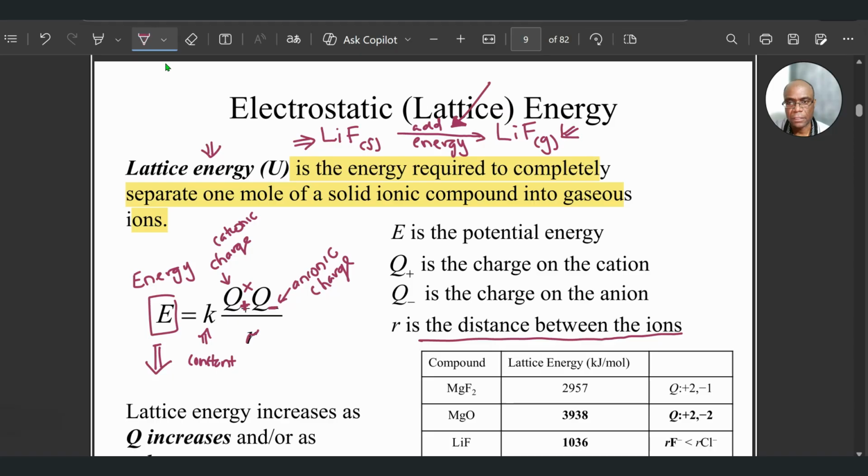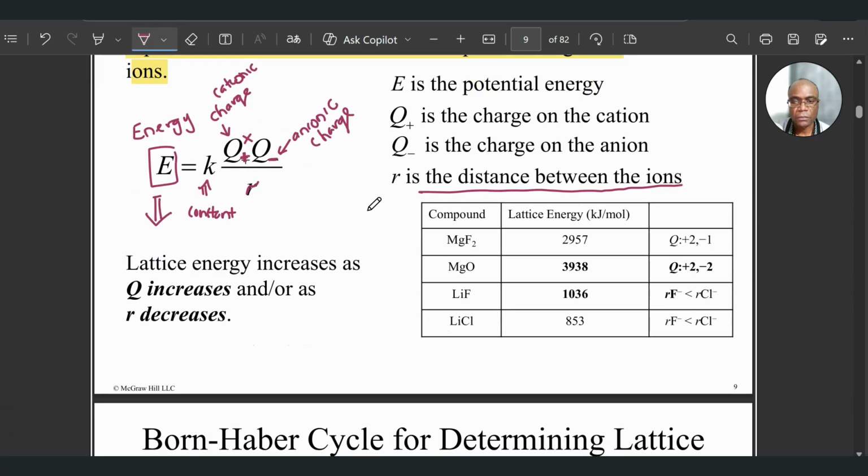Bond breaking is endothermic, which is why we have to add this amount of energy to break it to gaseous state. So the lattice energy increases as the value of Q increases.